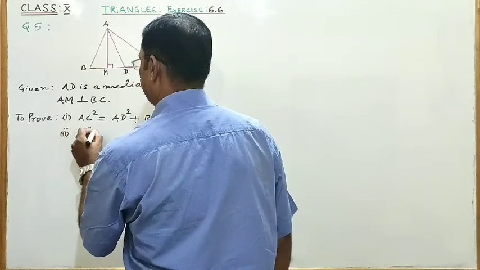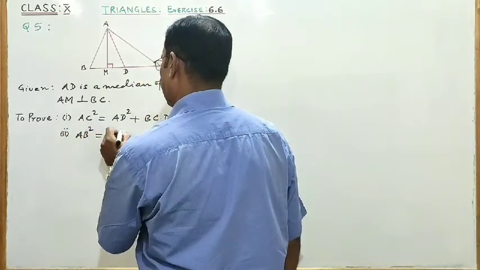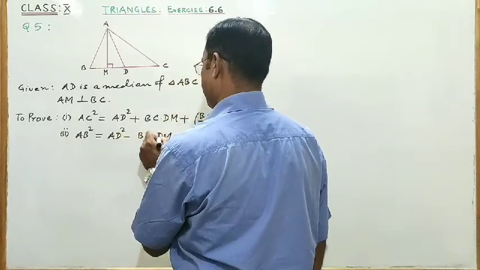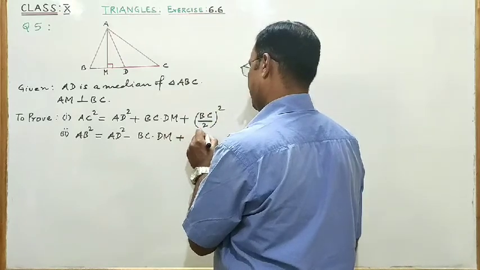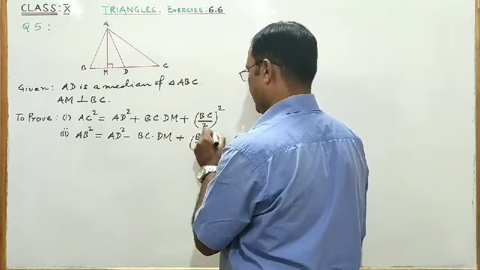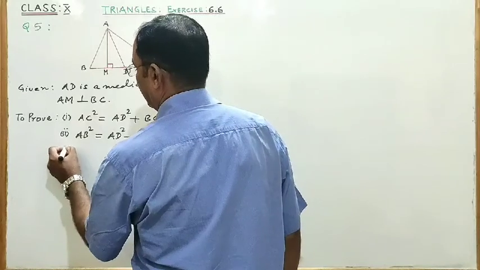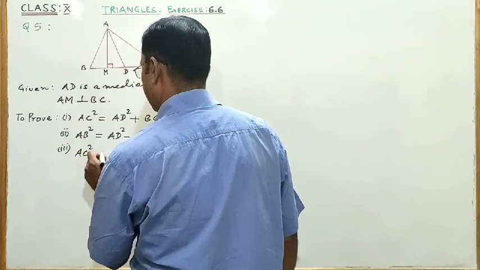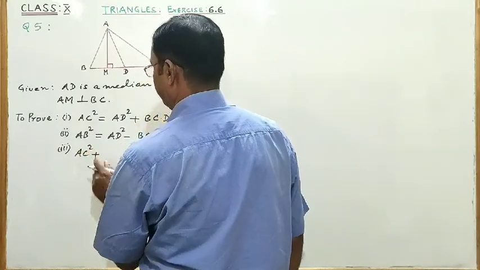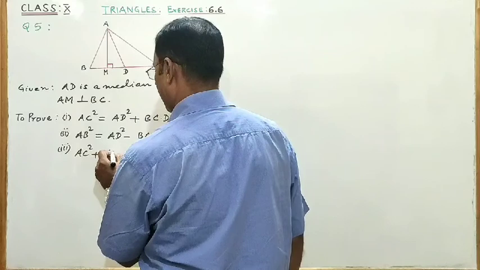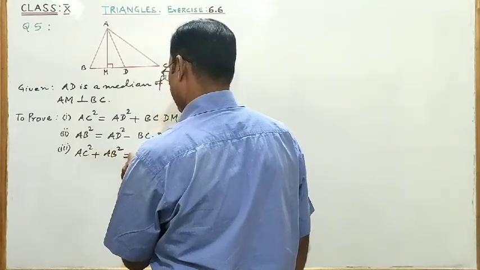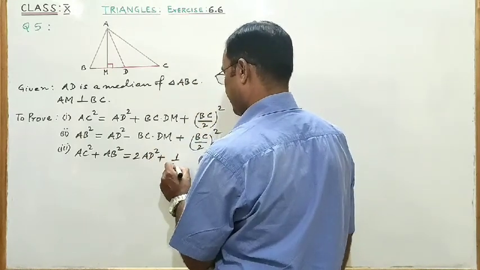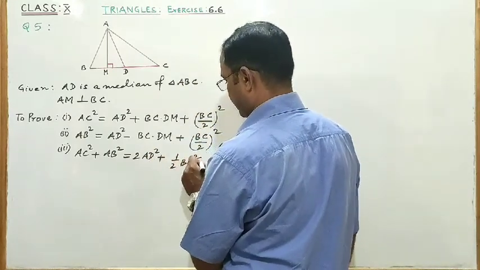AB square is equal to AD square minus BC into DM plus BC by 2 whole square. And third part we have to prove that AC square plus AB square equal to 2AD square plus half BC square.